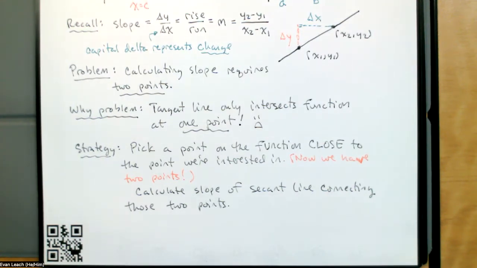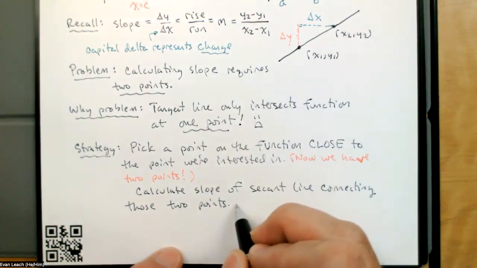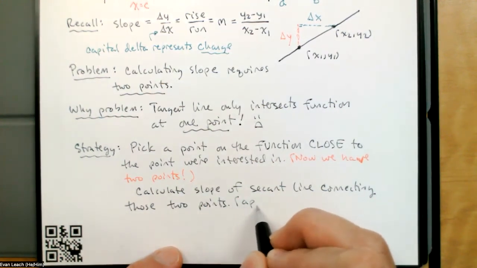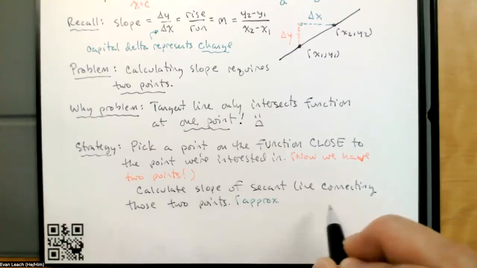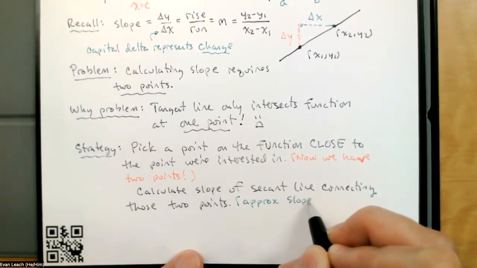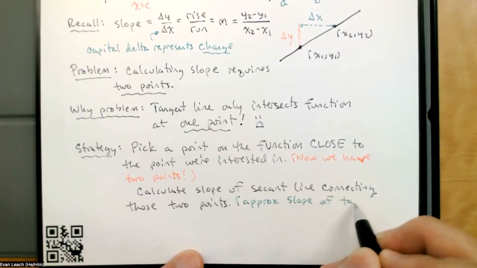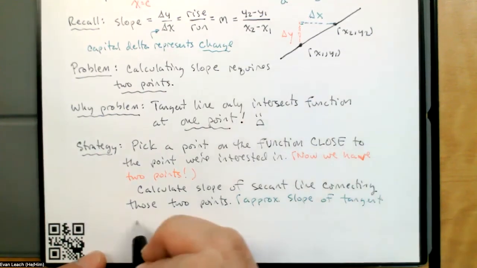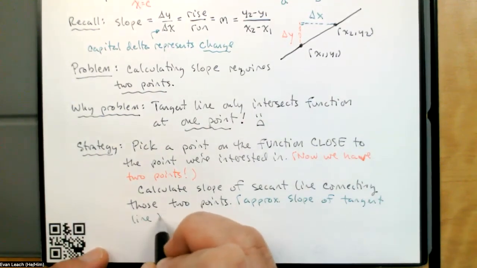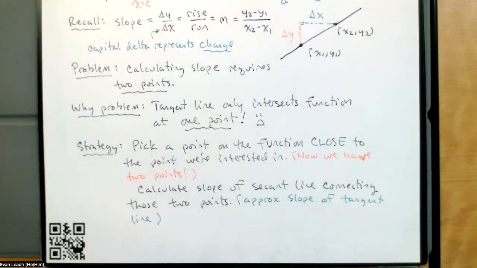This will be an approximation of the slope of the tangent line. So we do this, now we have an approximation of the slope of the tangent line.